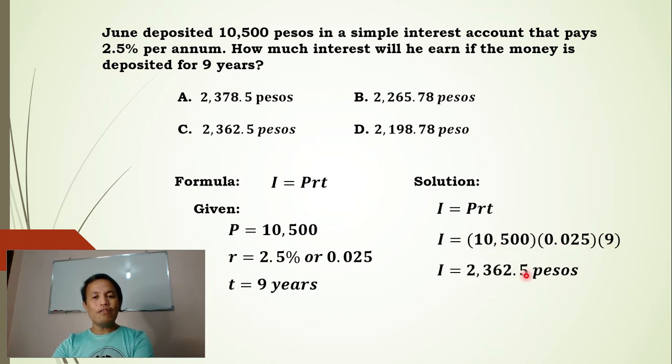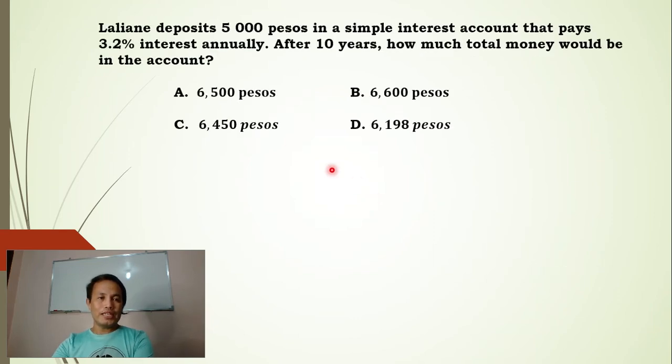This will give us 2,362.5 pesos. So this is now the interest earned of the money deposited, 10,500 pesos, with a rate of 2.5% in a span of 9 years. So the correct answer is letter C, 2,362.5 pesos.